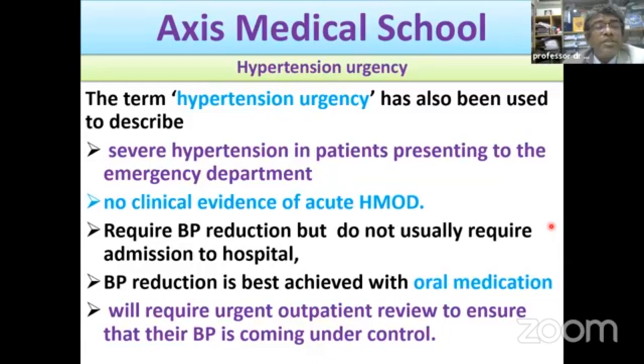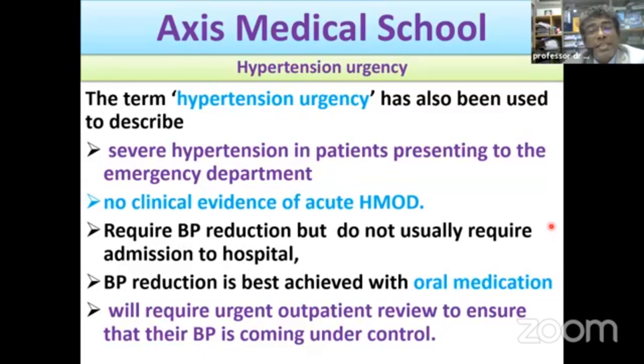So the difference between hypertensive urgency and hypertensive emergency: both patients may have stage 3, severe hypertension. But in hypertensive emergency, there is target organ damage, and in hypertensive urgency, there is no target organ damage. Number two, in hypertensive urgency, the patient does not need hospital admission.